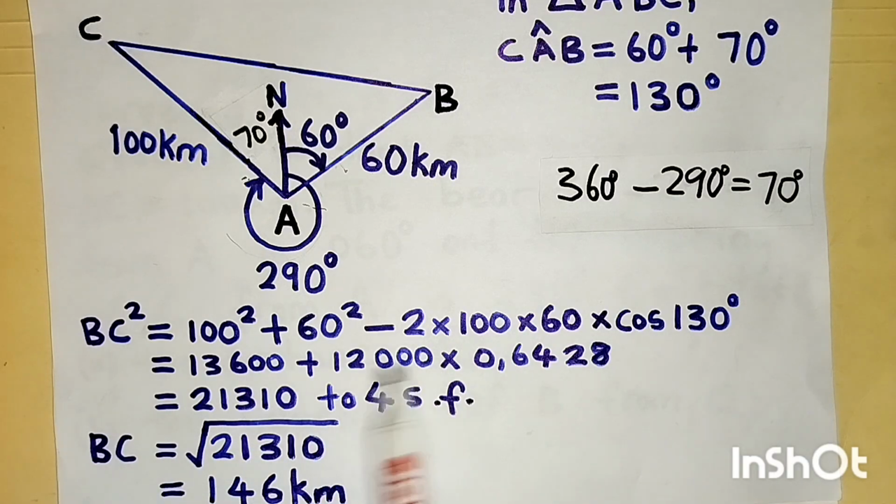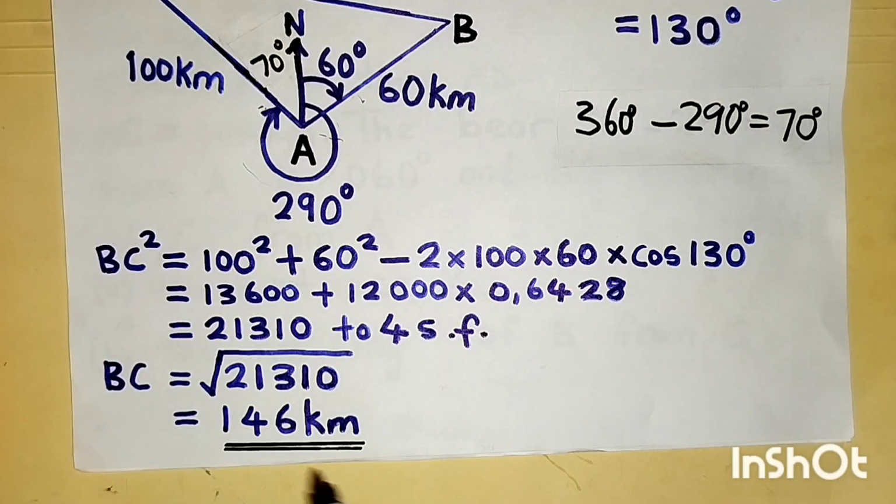Finally, when you add this, you get 21,310 to 4 significant figures. So for me to get BC, I find the square root of BC squared and the square root of 21310. So finally, my BC becomes 146 kilometers.